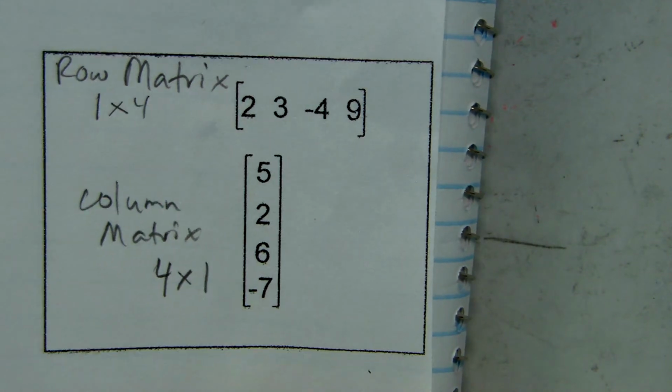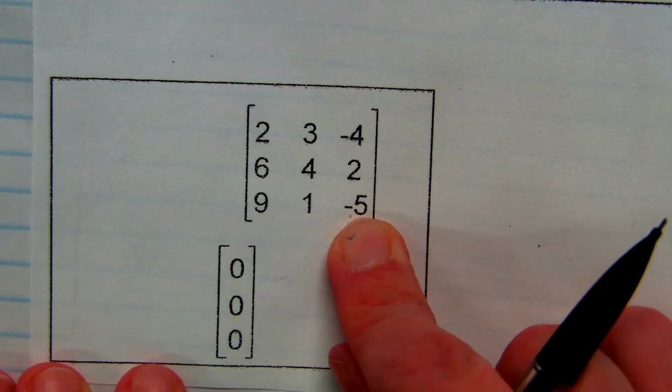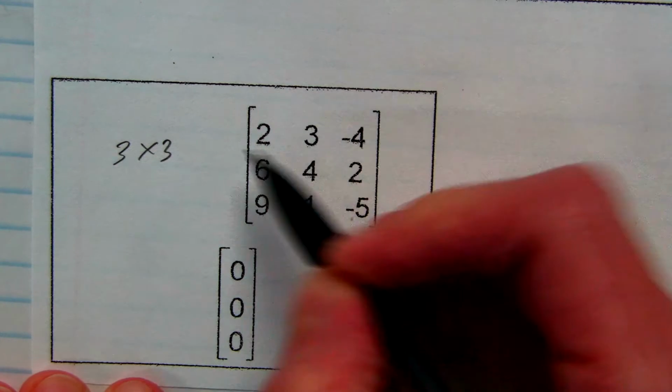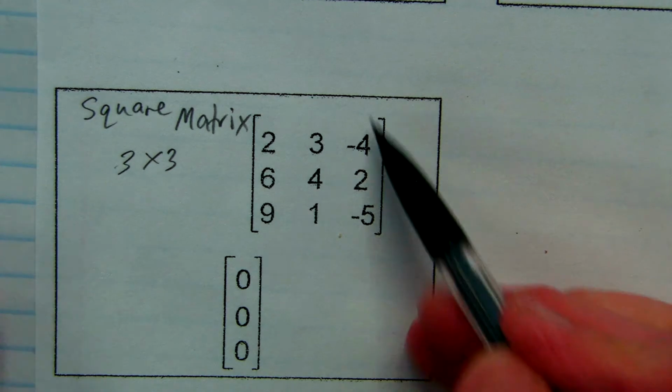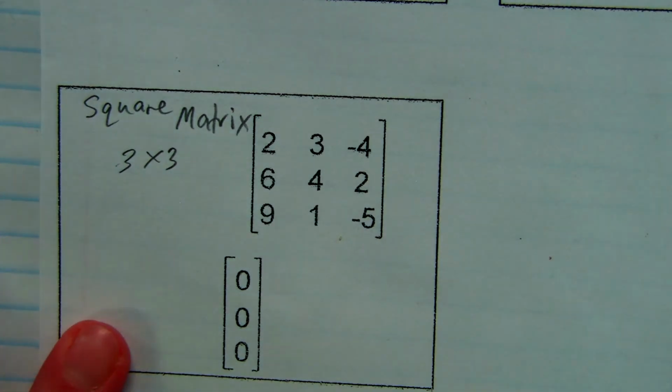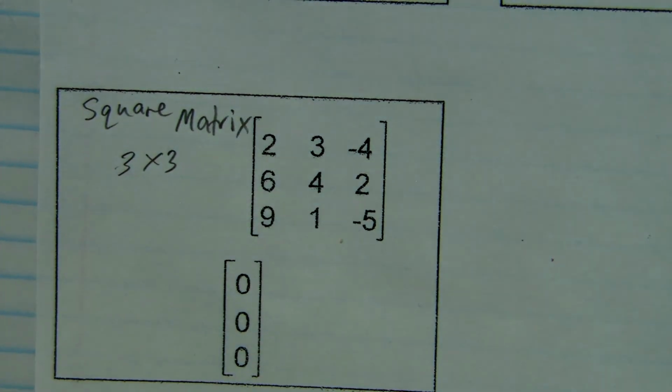Okay, so moving along, what would be the dimensions of this matrix? 3 by 3. This is a 3 by 3, and anytime these numbers are the same, length and width, they sometimes will call it a square matrix. And there are certain things you can do with square matrices that you cannot do with other matrices that we will encounter, so that's that.